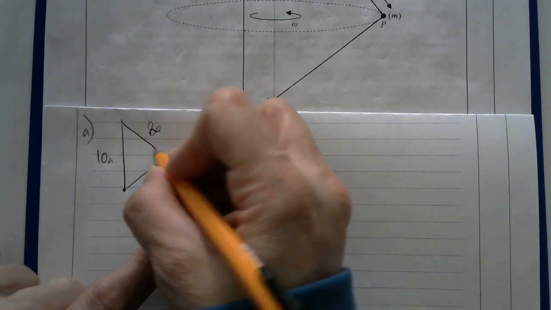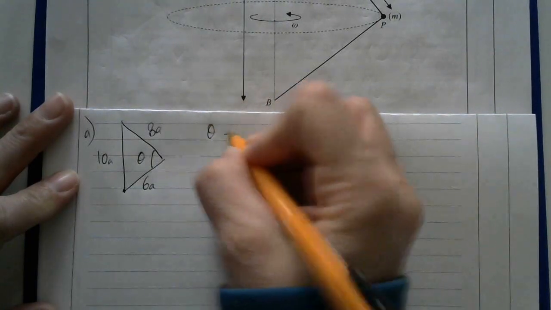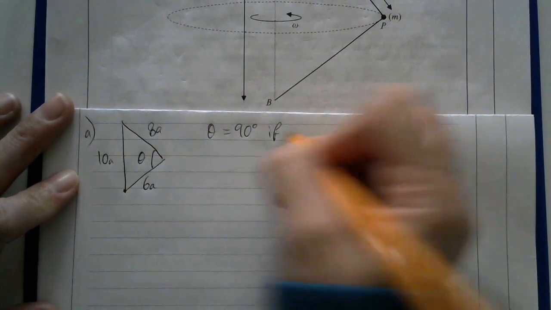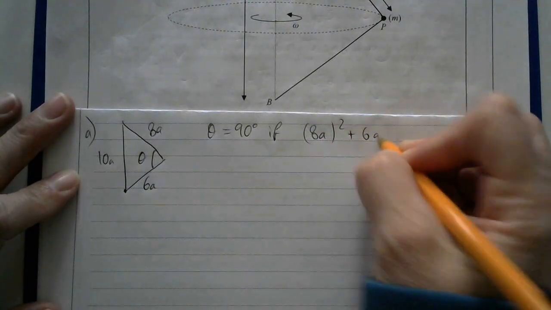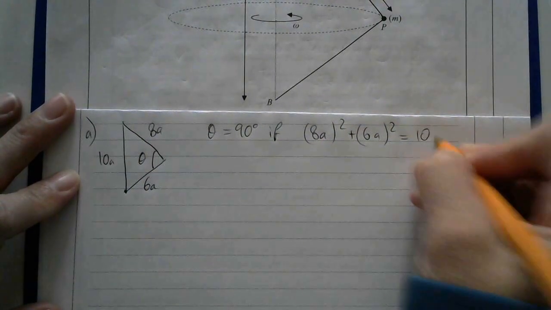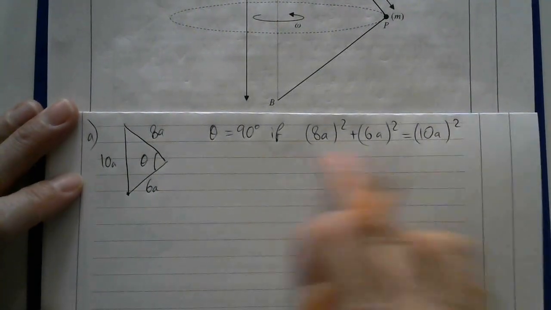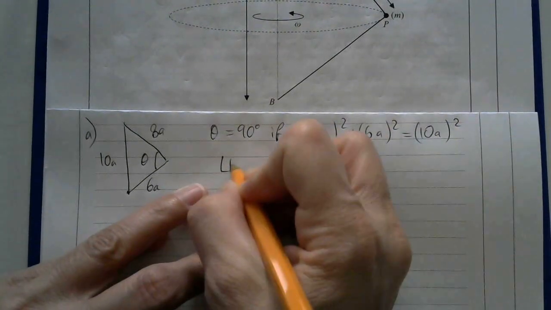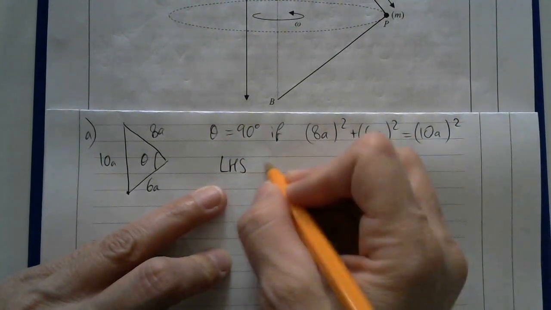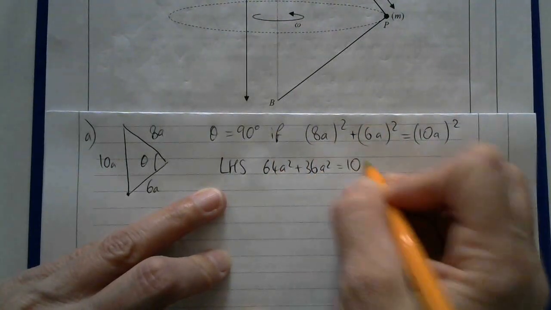So, theta equals 90 degrees if 8A squared plus 6A squared equals 10A all squared, using Pythagoras' theorem. So if I look at the left hand side, then I get 64A squared plus 36A squared, which is 100A squared.